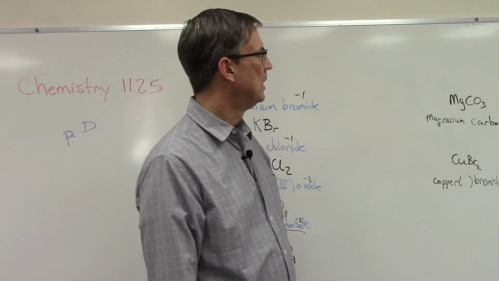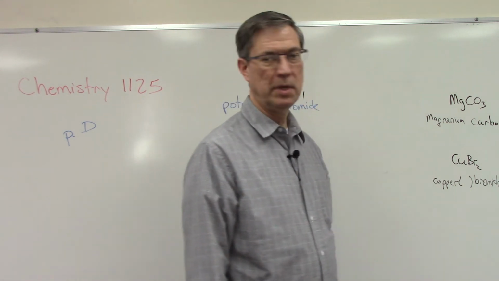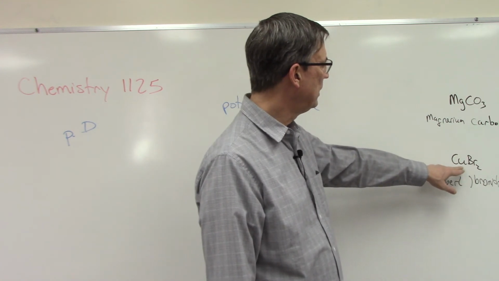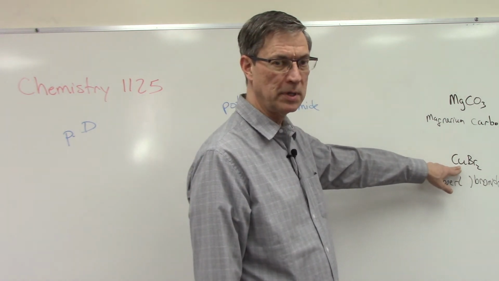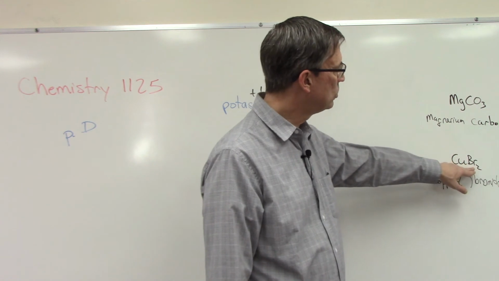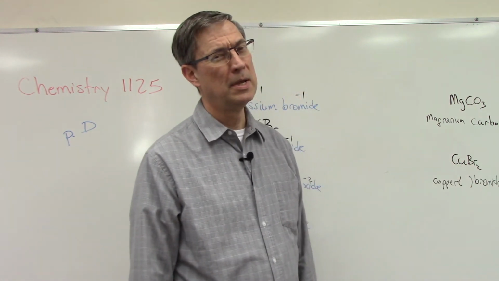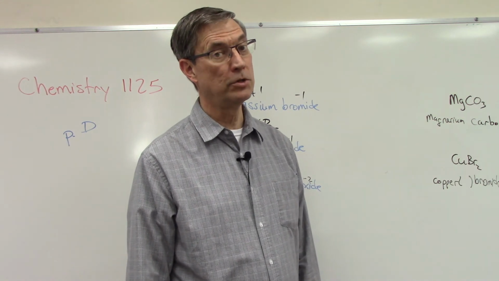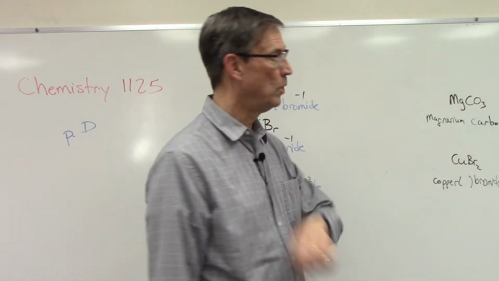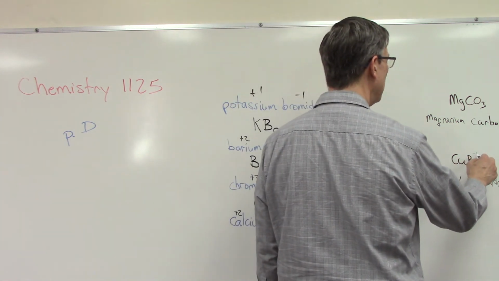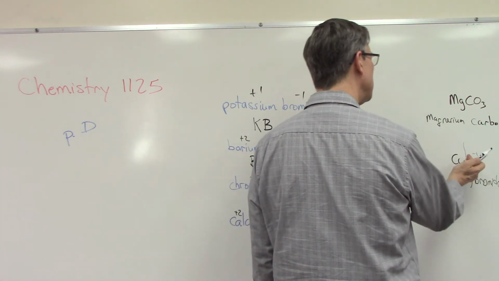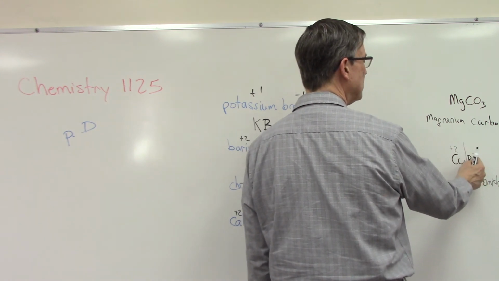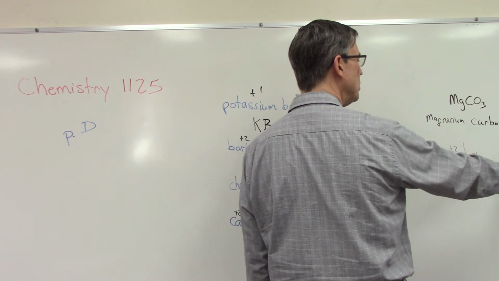Okay? So I need to put a Roman numeral in there, and I got to figure out what Roman numeral. Well, I know that I only need 1 copper, because that's what it tells me, to balance 2 bromine. So bromine is going to be the key. Let's figure this out. Bromine is a halogen, family 7, so it's a -1 charge. So each bromine is -1, which means this half will have to be +2, because 2 times -1 will give you a -2 charge for that half.